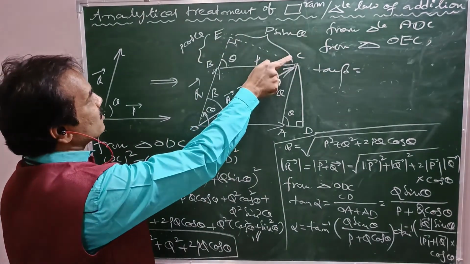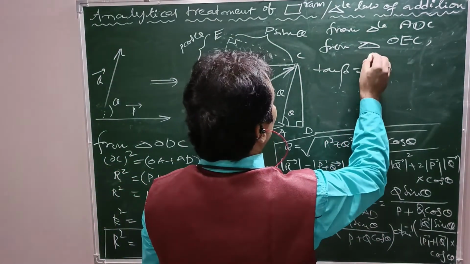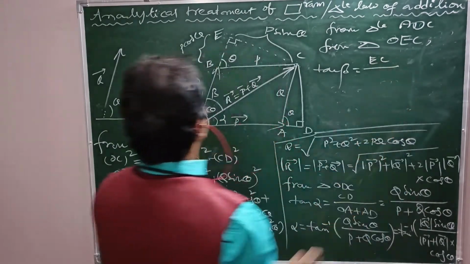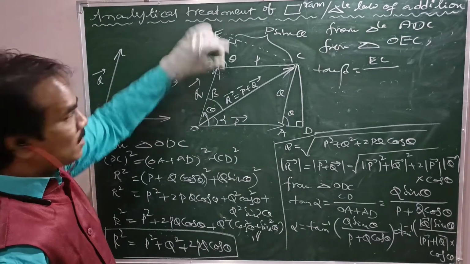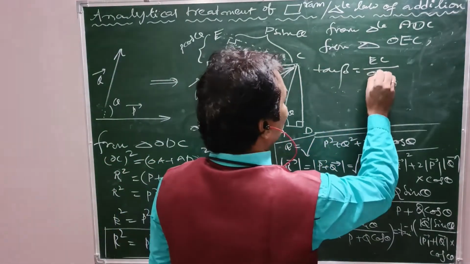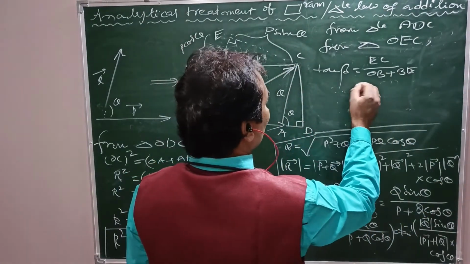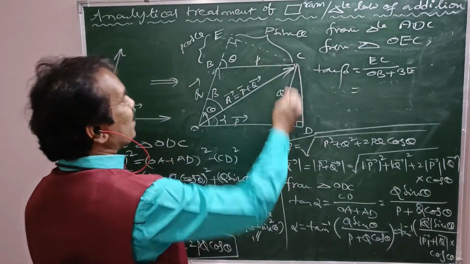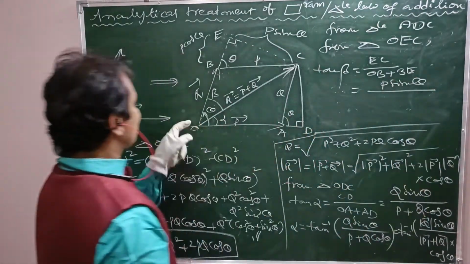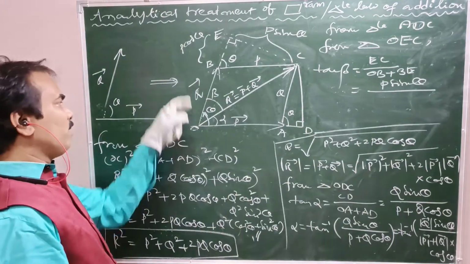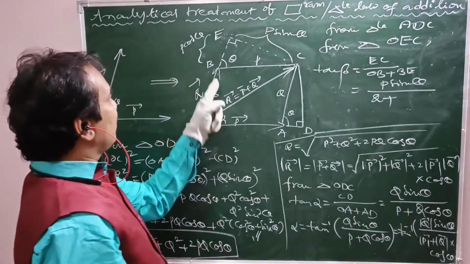Tan beta equal opposite side by, see this right angle triangle, opposite side EC divided by adjacent side. From O to E, this is the adjacent side, that is OB plus BE. Am I right? That is, EC means what? EC is P sin theta, by OB means what? OB bar means Q bar. OB means Q only. That is Q plus BE.